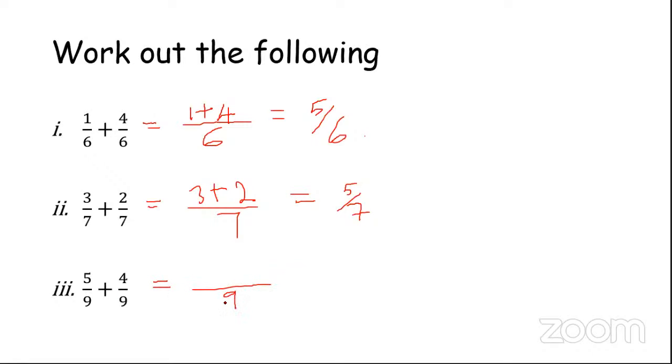So this is 9, 5 plus 4, which gives us 9 out of 9. This one is equal to 1. So that is how we add fractions of the same denominator.